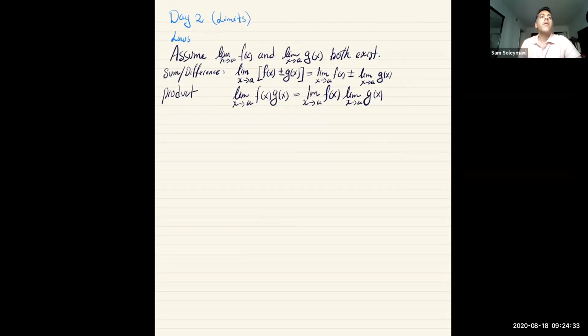One thing I want to go over in this little handout is the squeeze theorem, which is used to some extent in calculus 2.